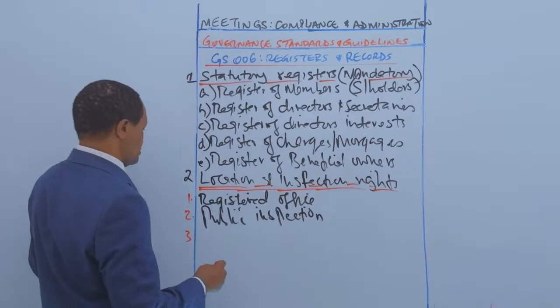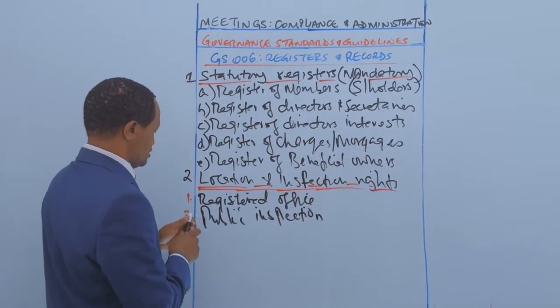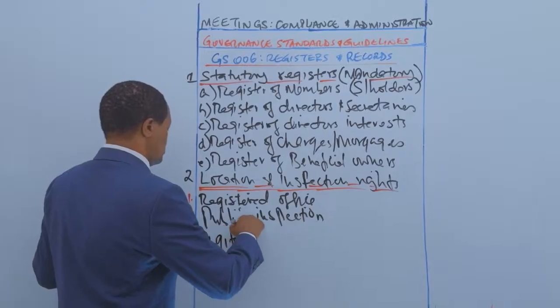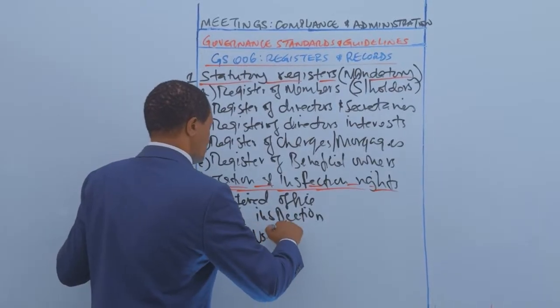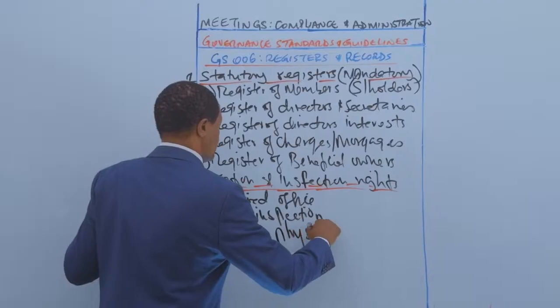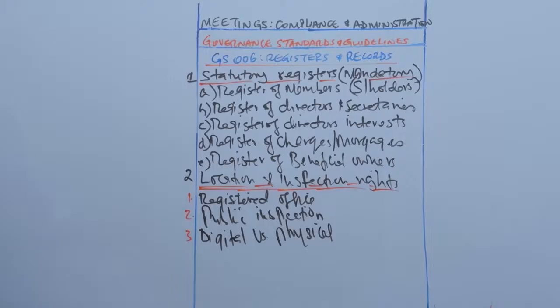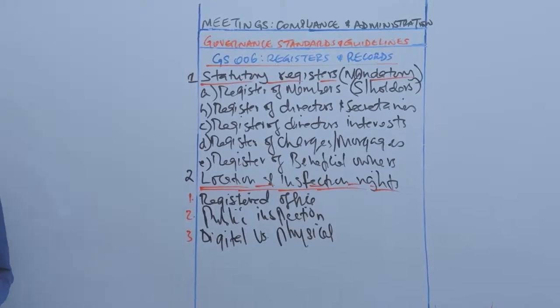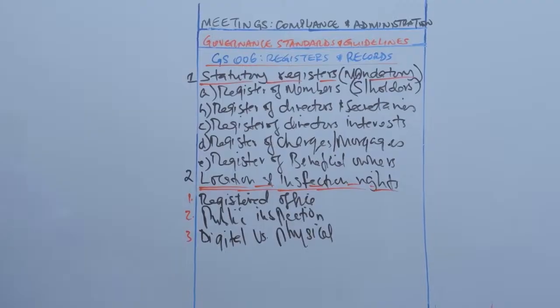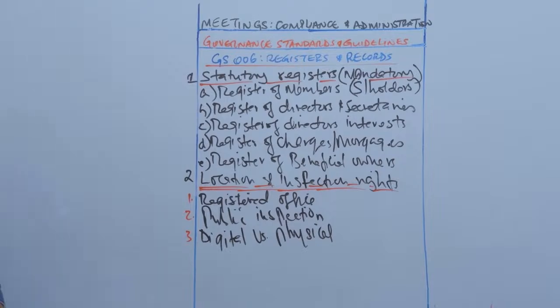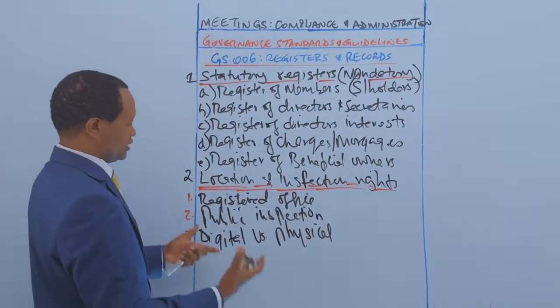Number 3, digital versus physical. Most modern standards allow for digital registers, provided they are secure, they are backed up, and can be printed upon request.